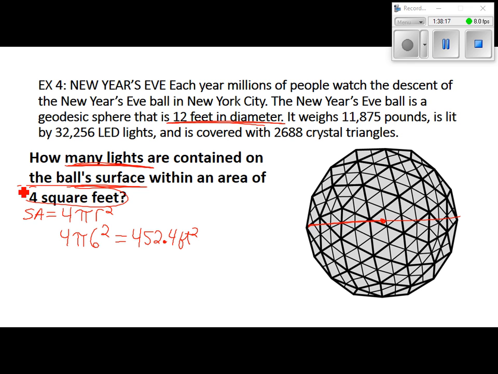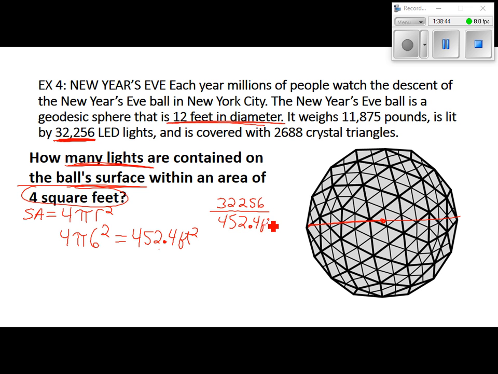But what we can do is, if the total surface area is that much, and we know that there's 32,256 lights on the whole ball, we can take that 32,256 and divide it by this number, 452.4.